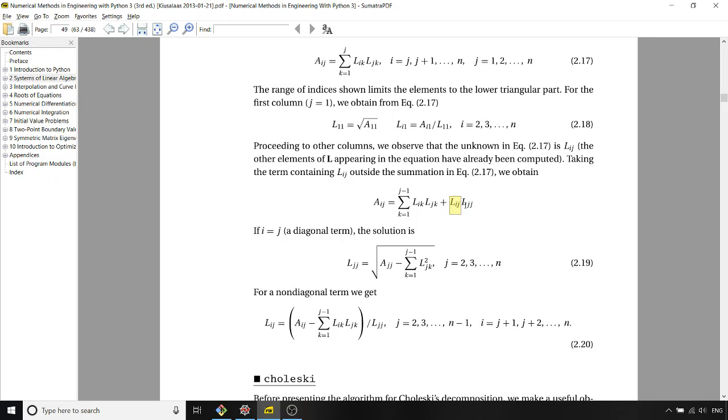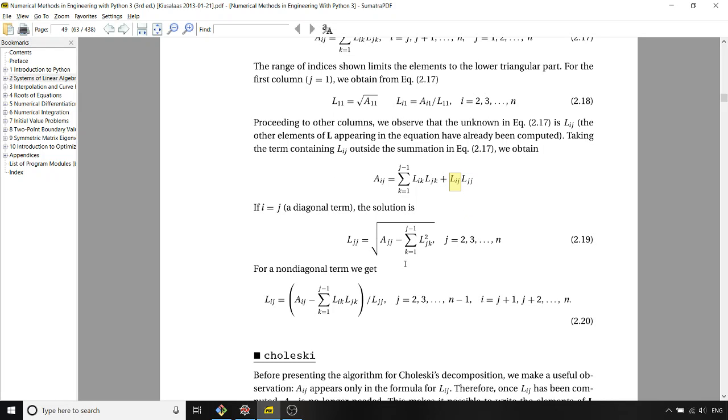The general form will be like this: you put this part on the other side of the equation and divide by this. However, if i and j are equal, this will be quadratic, and for this case you can use this way, which is maybe a bit shorter than this.